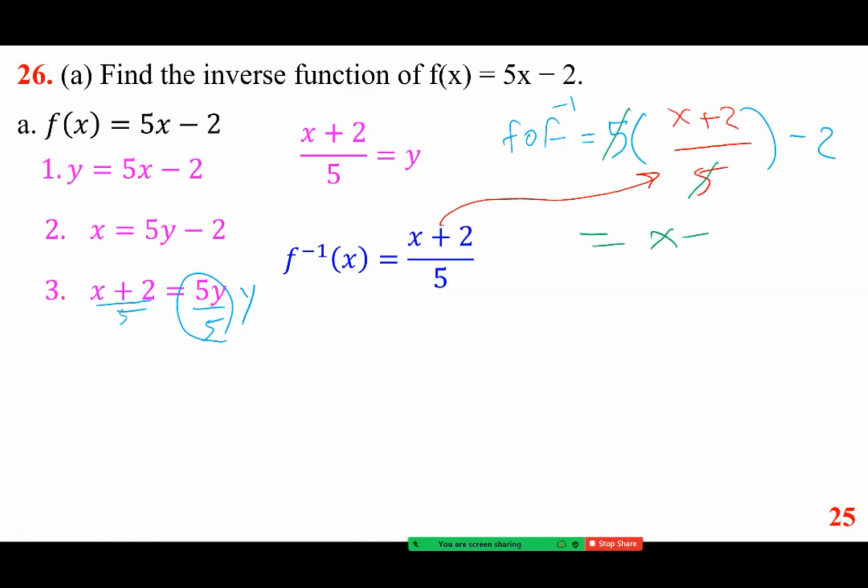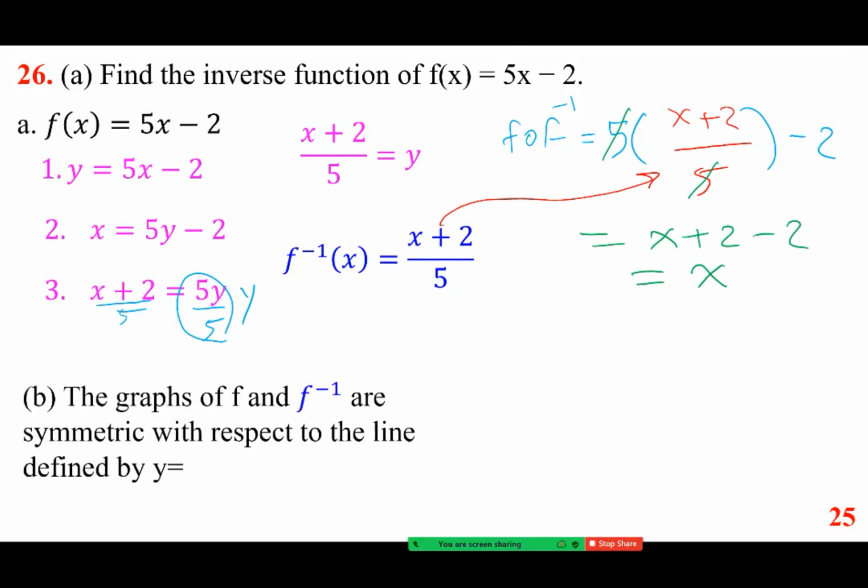So this is x plus 2 minus 2. Since their composite function f of f inverse is x, they are inverse of each other. And as you know, two functions that are inverse functions, they are symmetric with respect to the line y equals x. So basically you have to put x here. y equals x.